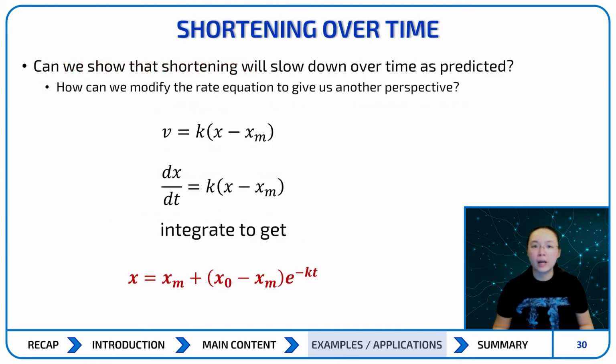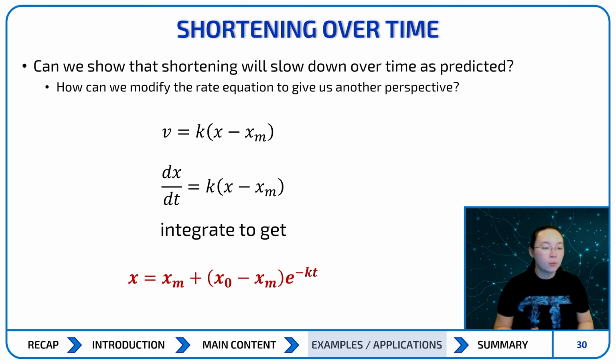So these equations were actually obtained from an experimental physicist and biophysicist, A.V. Hill. So he actually performed some experiments on this and was able to derive these equations from his data.